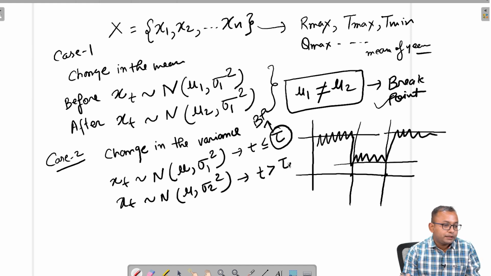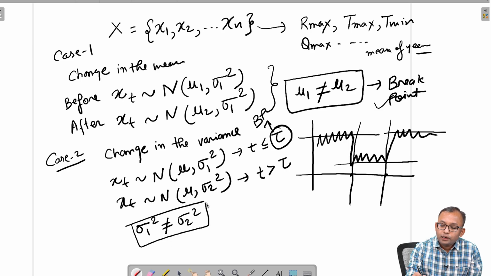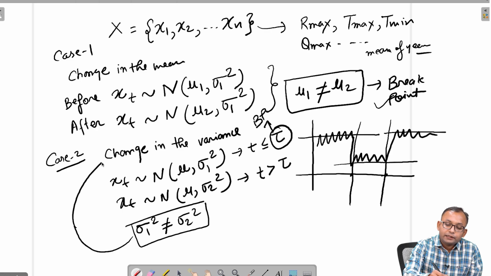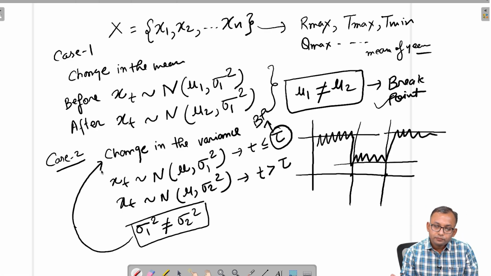When this is the case, if you compare sigma 1 square and sigma 2 square, and they are not equal, then this is called a change in the variance in the data set, and therefore there is a change in the behavior of your data set.